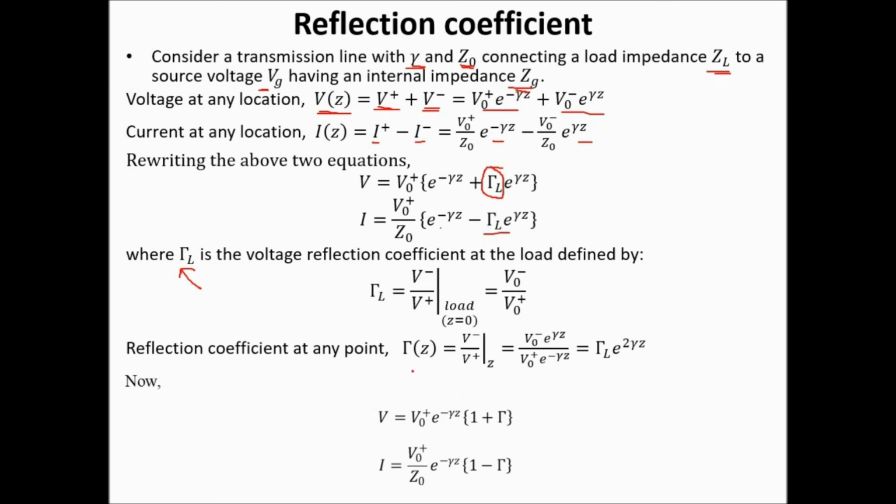So now the reflection coefficient at any point, let's say gamma(Z), is the ratio of V minus and V plus, the reflected voltage and the incident voltage at any point Z. Here the expression is V0 e to the gamma Z. This term we define as gamma L, the coefficient of this.